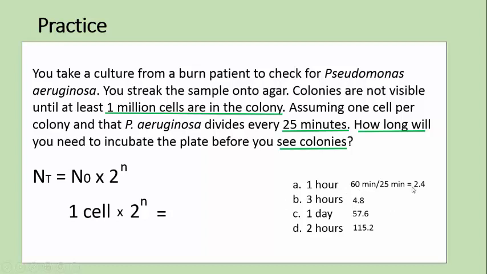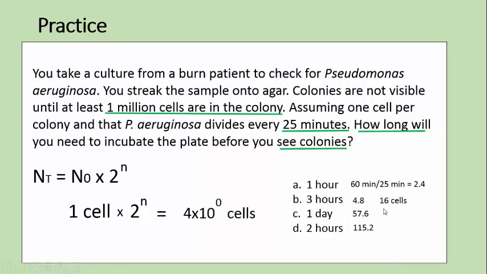So let's plug in 2 and see what we get. That gives you 4 cells, or 4 times 10 raised to the 0. In other words, we've moved the decimal place 0 times. If it's that small of a number, we generally just put 4. Now let's plug in 4 as the N, and you get 16 cells.